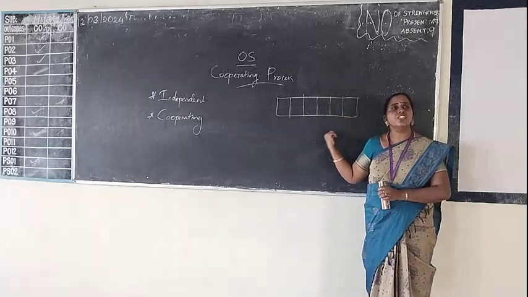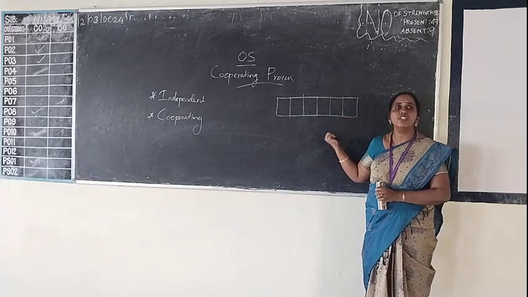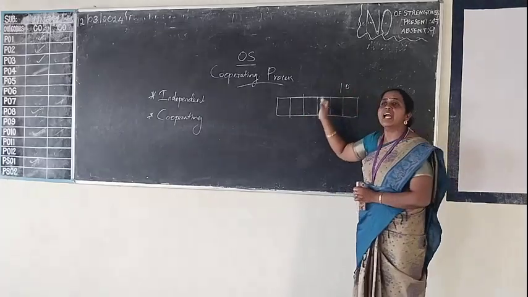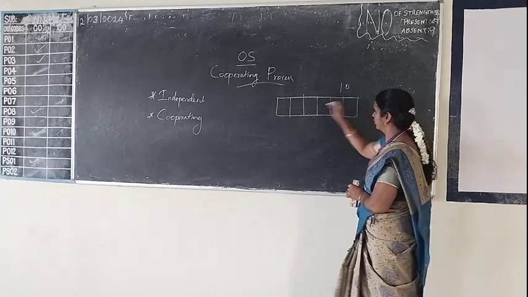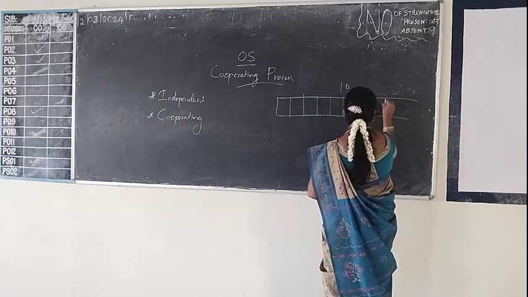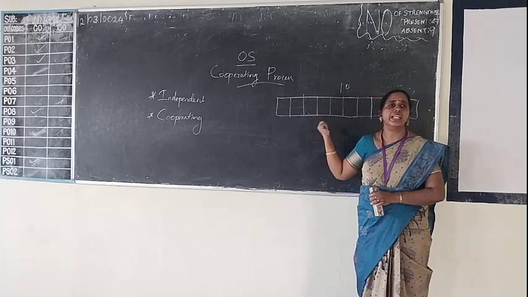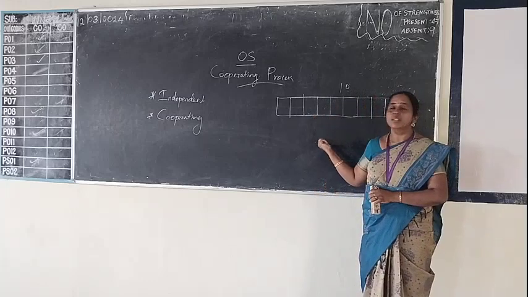We can set the buffer size initially. If the buffer size is 10, we are able to store 10 items in the buffer. So here the buffer size is 10, so we can store a maximum of 10 items in this buffer.